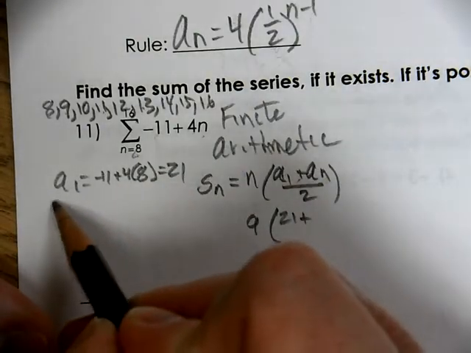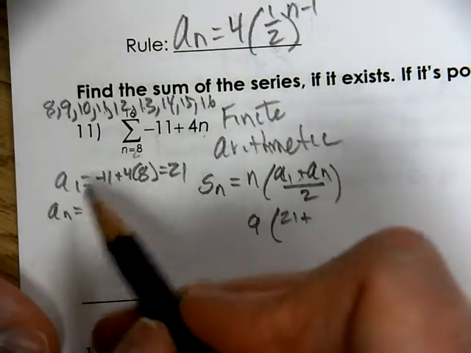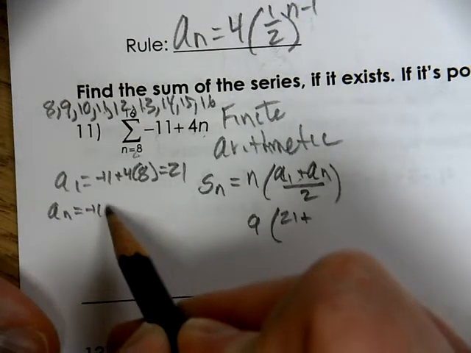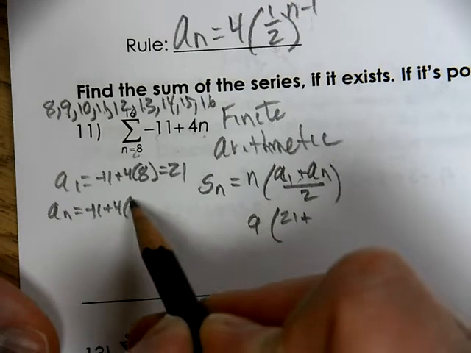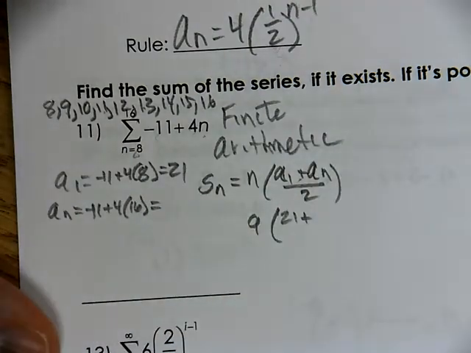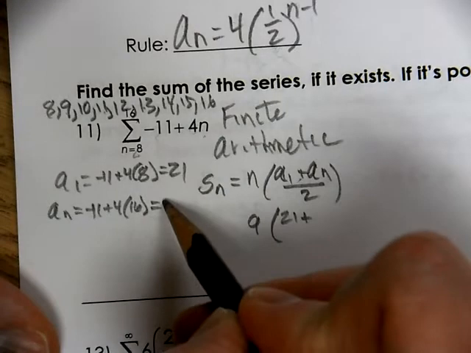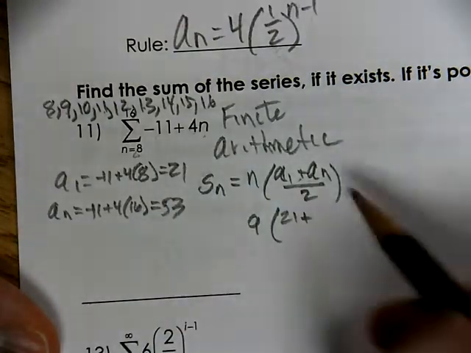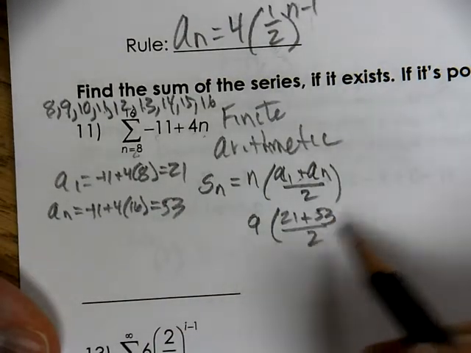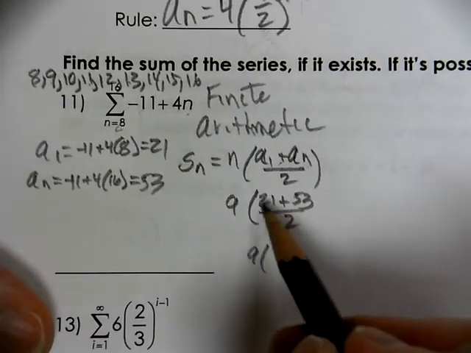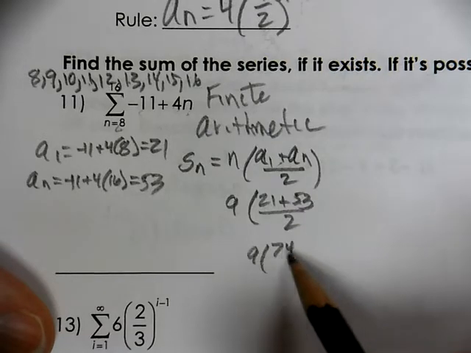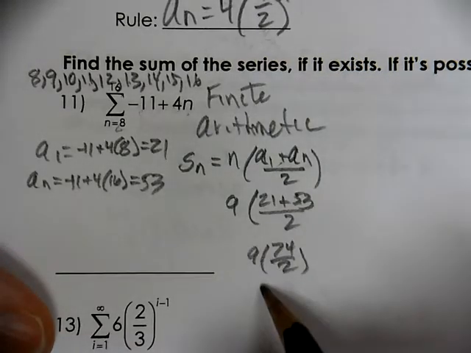And our last term, our a of n term, our 9th term, is negative 11 plus 4 times 16. So we take our negative 11 and add 4 times that, and we get 53. So that gives us 9 times 74 over 2.